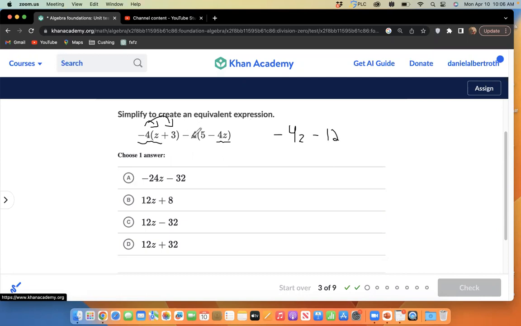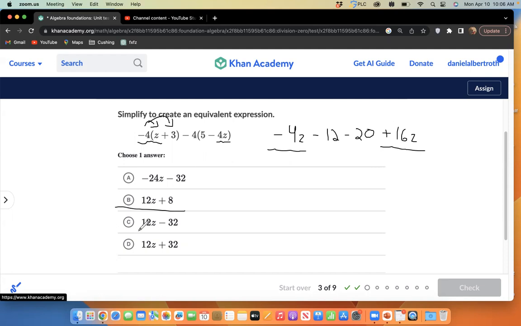And then minus 4 times 5, so minus 20. And -4 times -4 is going to come out positive, so a plus 16z, because you're multiplying the negative times the negative. So my z terms, I have -4z and plus 16z. That comes out to plus 12z.